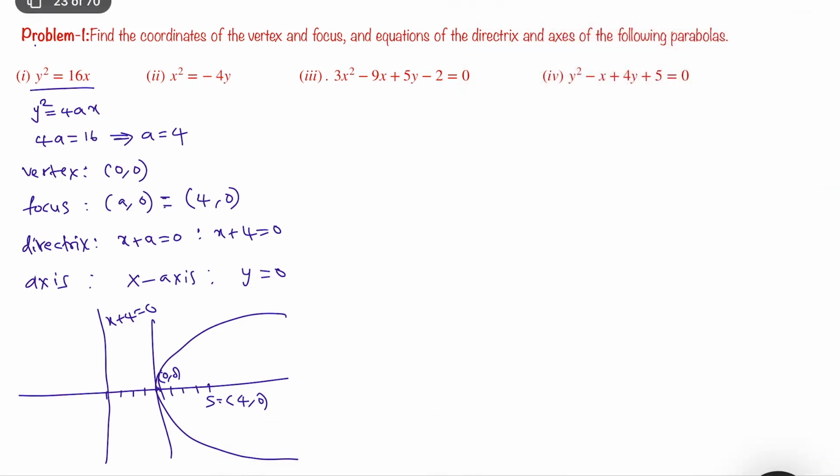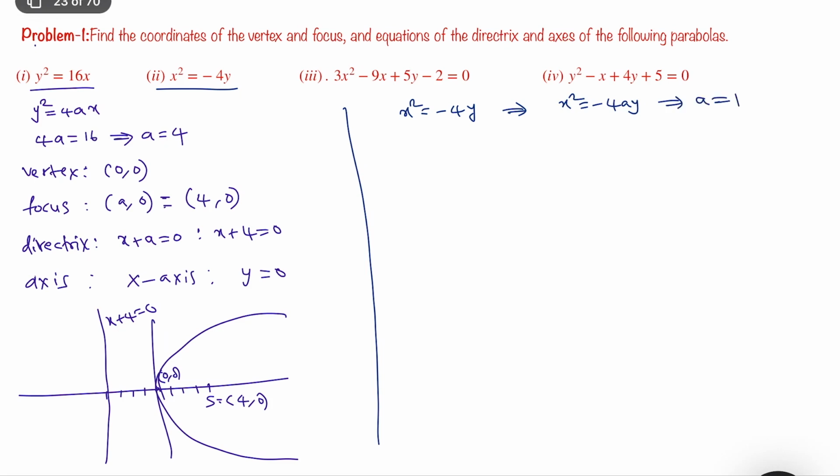Okay, now let me do the second one. Now let us find the vertex, focus and equations of directrix and axis for x square equal to minus 4y. Again, if you compare with one of the standard equations that we have, x square equal to minus 4ay, then we have a equal to 1.